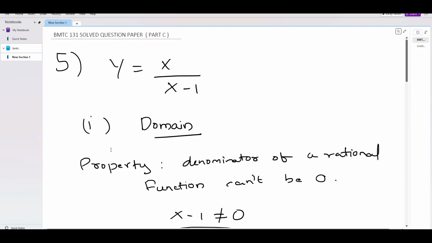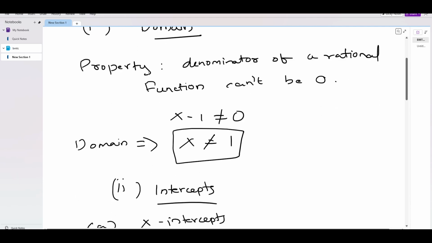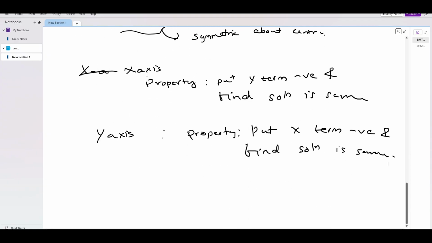Here we can see that for the x-axis symmetry, when we put y term negative, it will be minus y, which is not equal to the original solution. So it is not symmetric about x-axis. For the y-axis, when we put x term negative, y is minus x divided by minus x minus 1, which is also not equal to the original solution. So it is not symmetric about x-axis and y-axis.